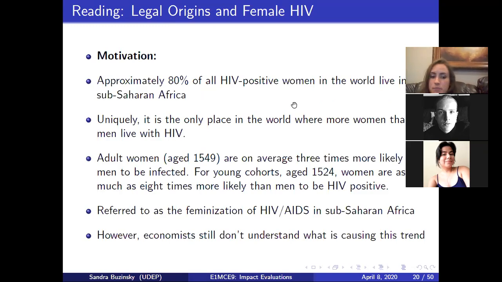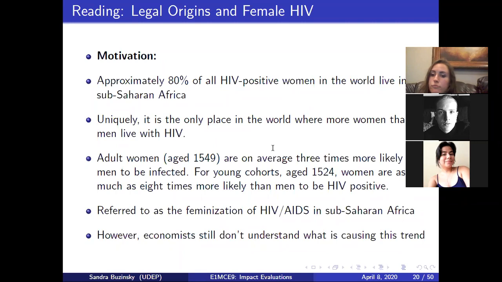This problem is referred to as the feminization of HIV and AIDS in sub-Saharan Africa. It's not a good thing because women are disadvantaged in these areas to begin with. So the extreme prevalence of HIV is a serious problem, and it's an important policy question.